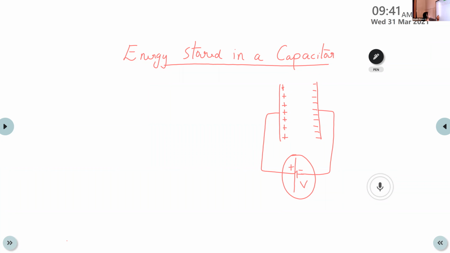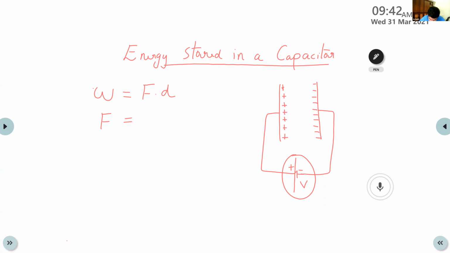So here, what is the expression for calculating the work done? W is equal to F dot D. We know that work done is force into displacement. And what is force? We can write the force in terms of charge. There is a relationship between the force, charge and the electric field. Do you remember?